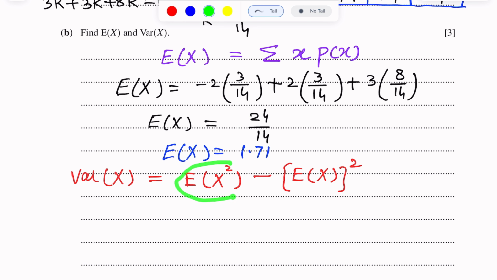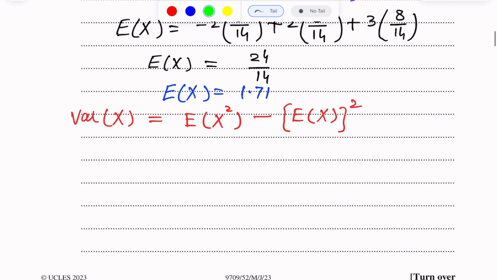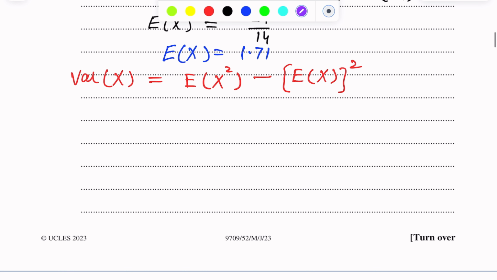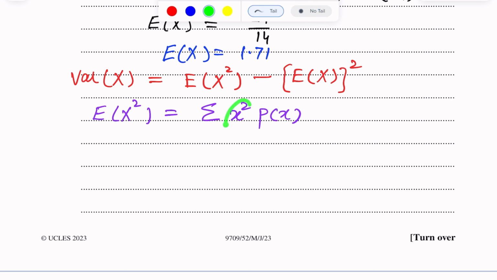Now we have to find Ex square. So Ex square will be summation of x square into px, the sum of product of x square and px.